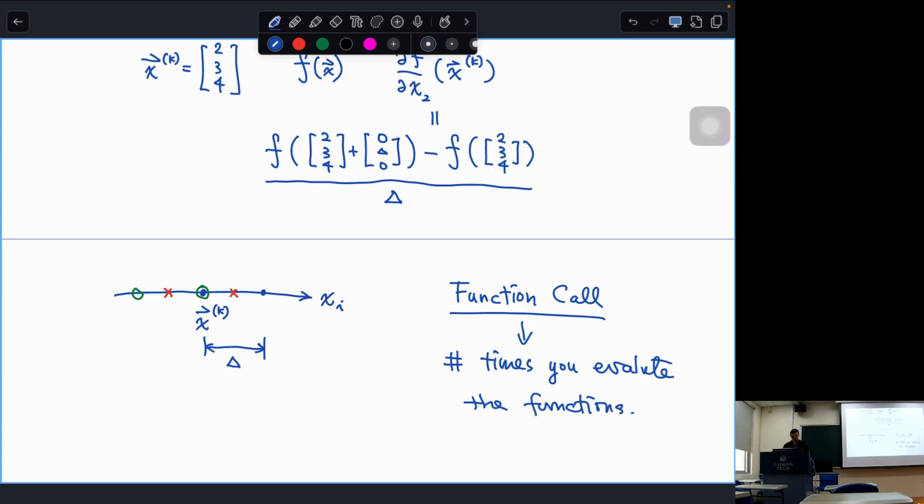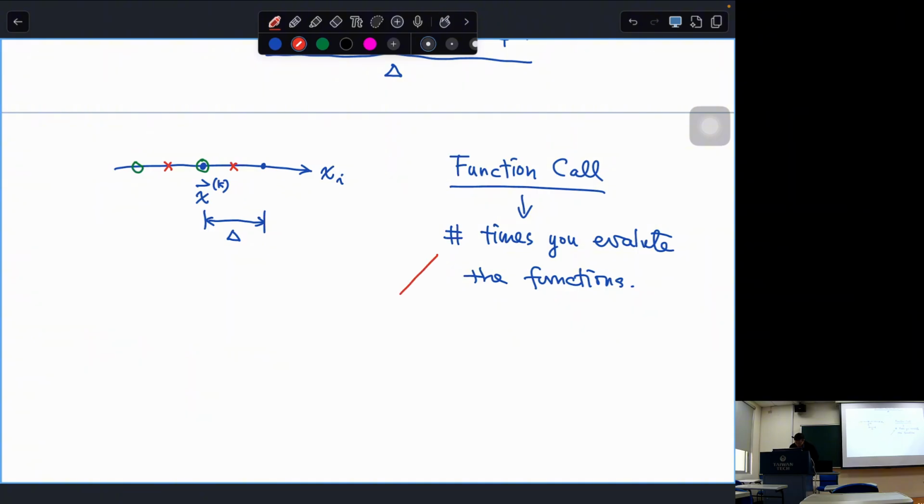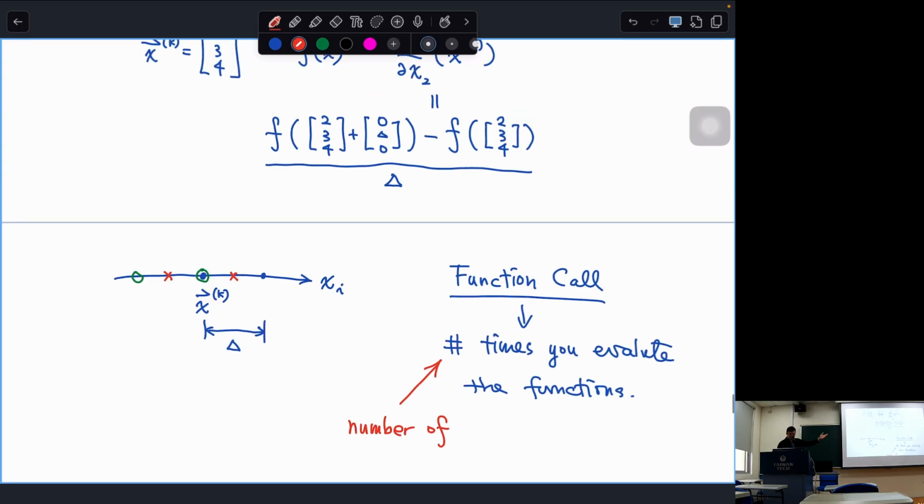Oh, by the way, whenever I write this, it means "number of." It's a more efficient way to make notes. So let's say it's like the number of experiments you perform to find optimization results.